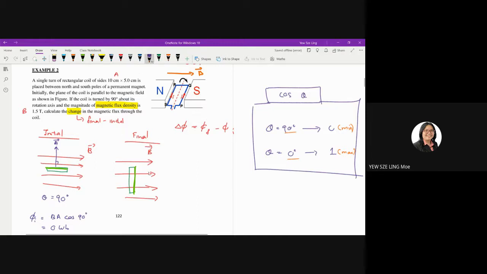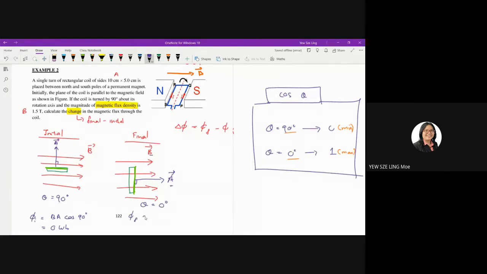Now let's look at the final state. Once again, vector A is perpendicular to the plane. When vector A is perpendicular to the plane, my A and my B are parallel to each other. Vector A and vector B, meaning that the angle is now equal to 0 degrees.